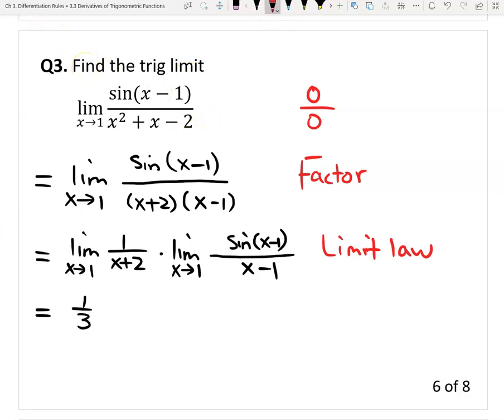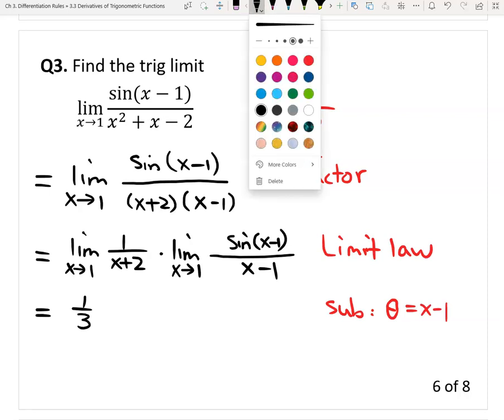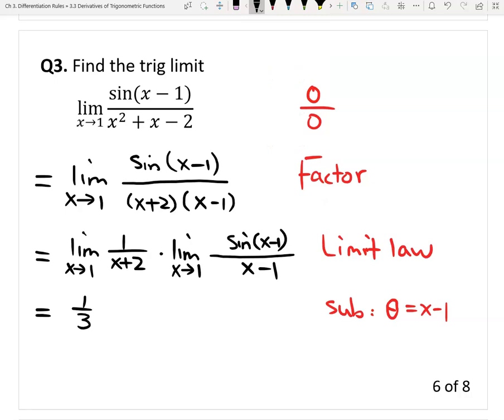Substitute. I use theta equals x minus 1. If we do that substitution, see what we have: the limit when x approaches 1, theta approaches 0, right?